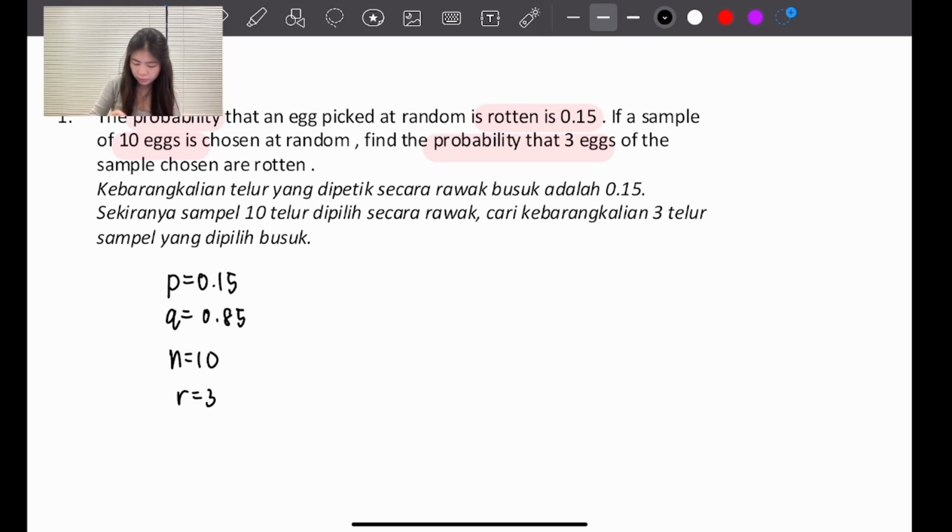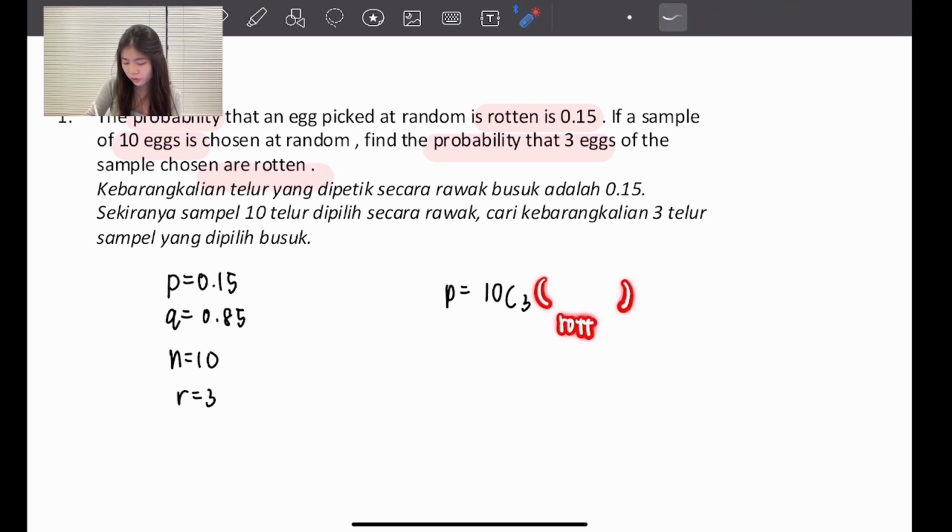Now you can put all the information into the formula. The probability would be 10 choose 3, because the question asks for 3 eggs of the sample chosen being rotten, right? Next to it, we need to put the probability of rotten, which is 0.15 to the power of the number of rotten eggs, so to the power of 3.